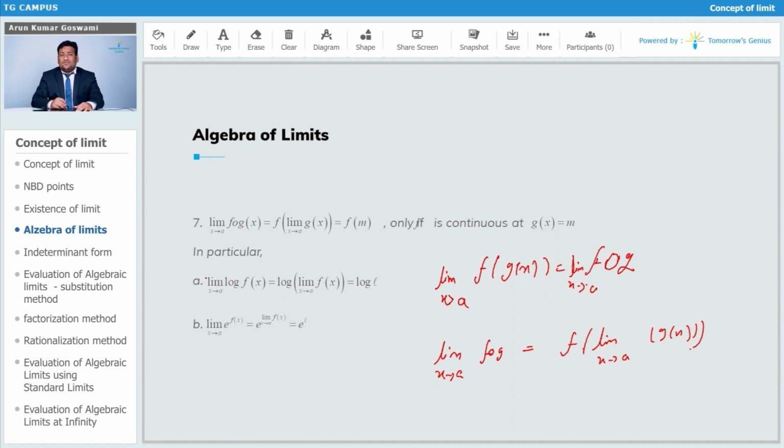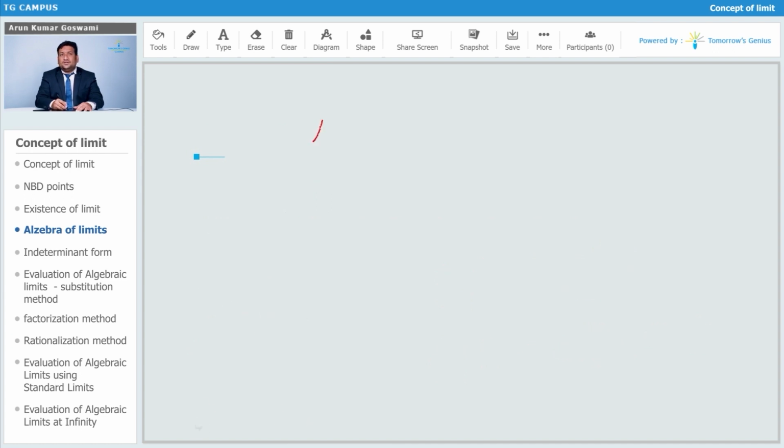You can see that I have two cases taken here, a and b. So limit x tends to a log of f of x is equal to, I can write this as log of limit x tends to a f of x.